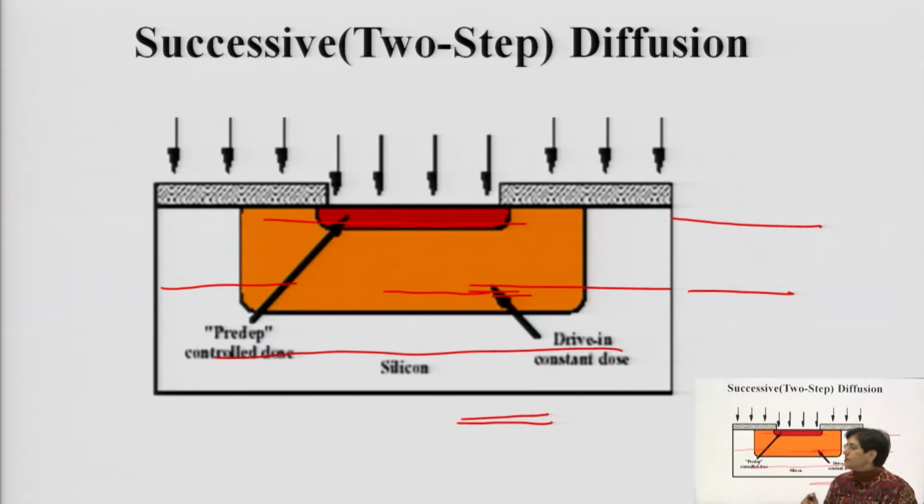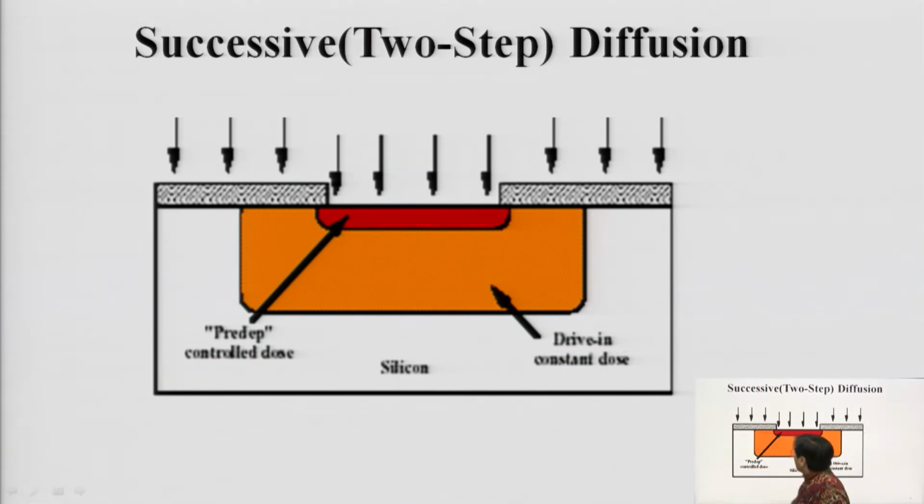If you see carefully, initially we have pre-deposition. Please understand, this red is pre-deposition, a controlled dose, and then you have drive-in happening. This drive-in then further spreads within the bulk.